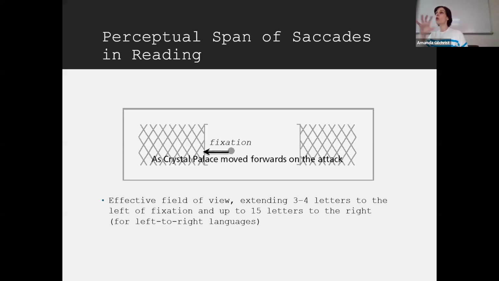So we have more room in our fixation for the right side of text than the left side of text. Now, if we were in a language where we read from right to left, such as Hebrew, this would be reversed. We focus more on the right component of our field of view because English is a language in which we read from left to right.